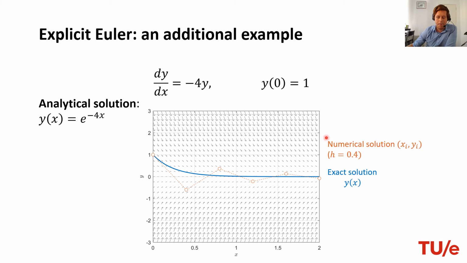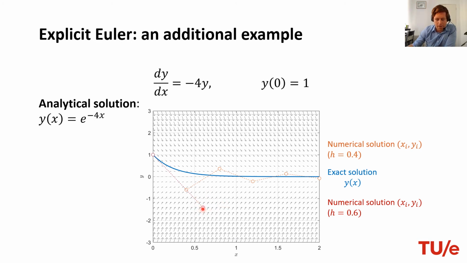Now let's see what happens when we increase the step width h. Instead of h is 0.4, we use h is 0.6. We start from the same initial condition, which results in a line with the same slope. Based on f evaluated at this point, we draw this line and extrapolate it up until x is 0.6, so that's around here somewhere, and that's where our new value of the solution will be.